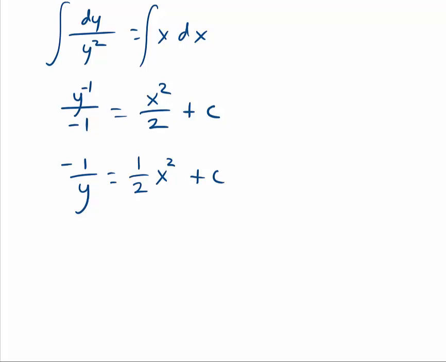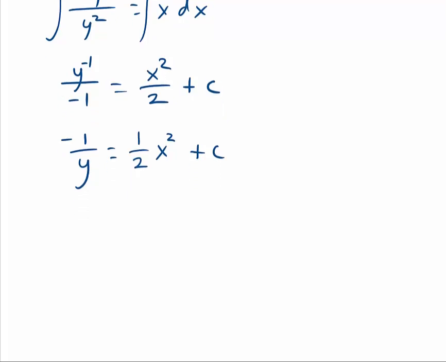I do need to flip, reciprocal both sides. So this would become, if I took the reciprocal, y over negative 1 equals, now I need to take the reciprocal of all of this. So it's like 1 divided by 1 half x squared plus c.